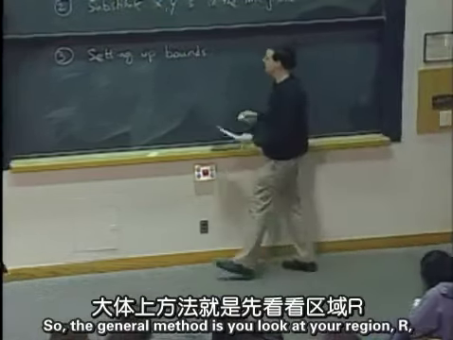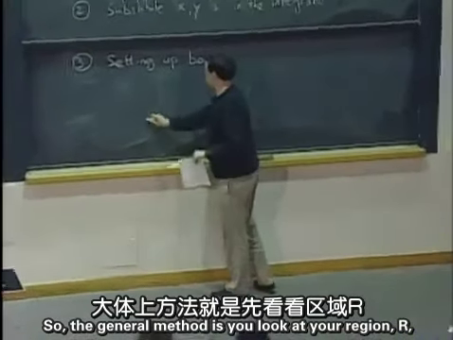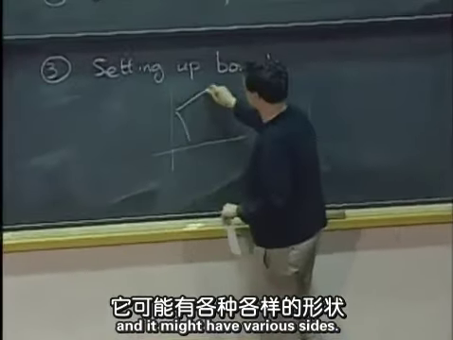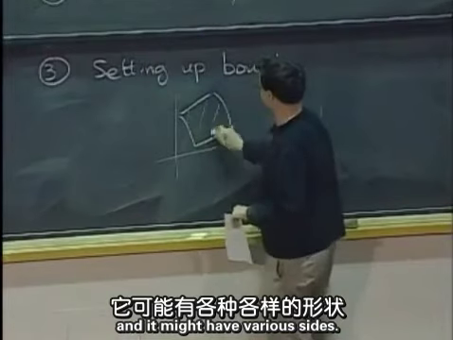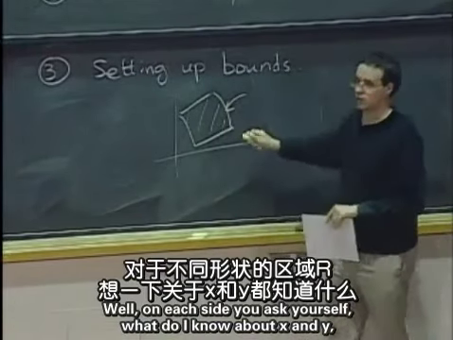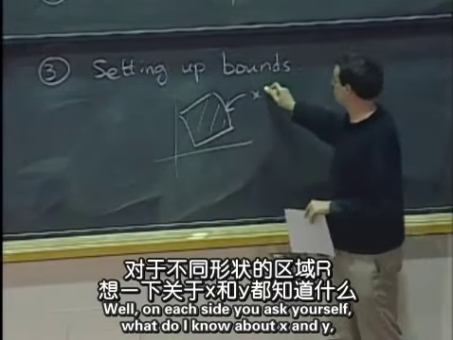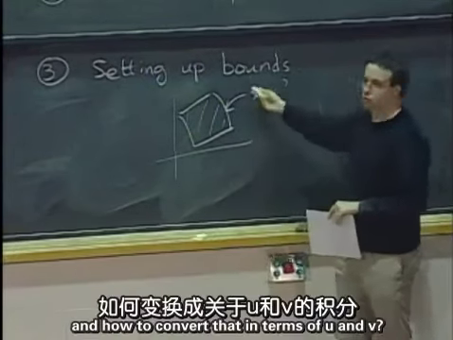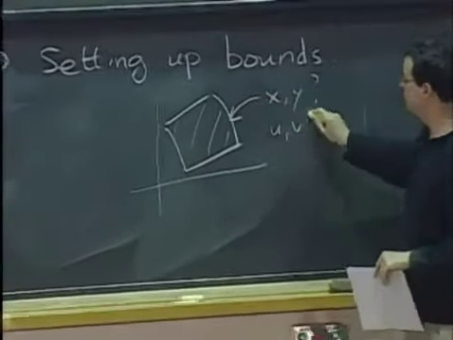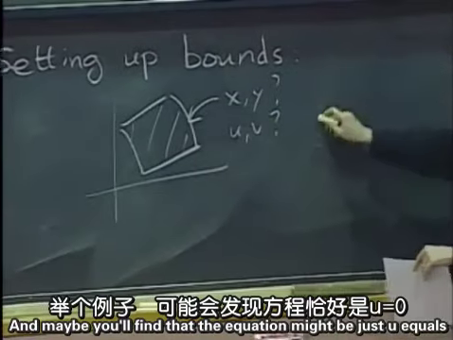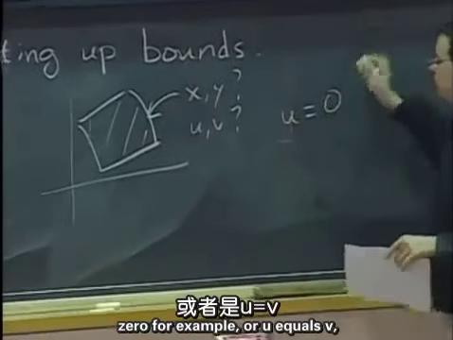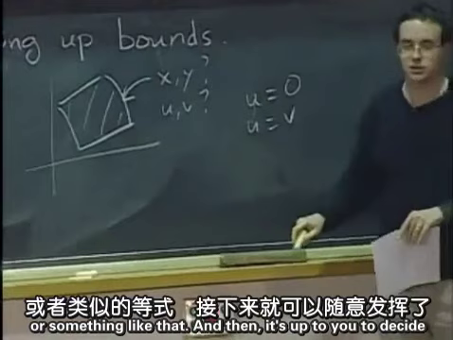So the general method is you look at your region R, and it might have various sides. Then on each side, you ask yourself, what do I know about x and y, and how do I convert that in terms of u and v? And maybe you will find that the equation is just u equals 0, for example, or u equals v, or something like that.